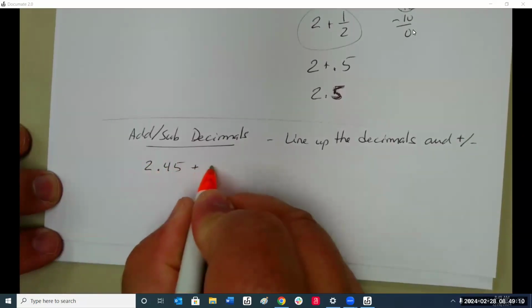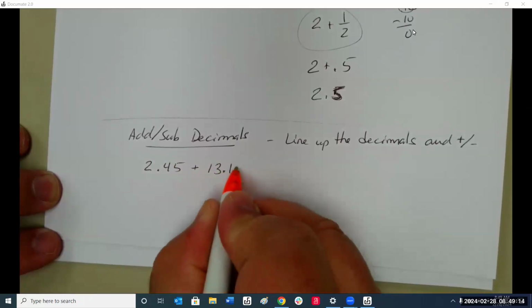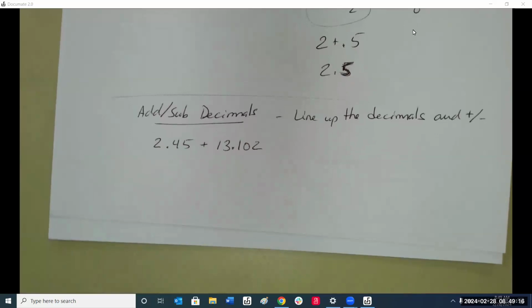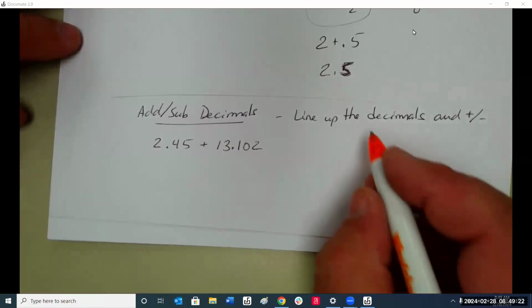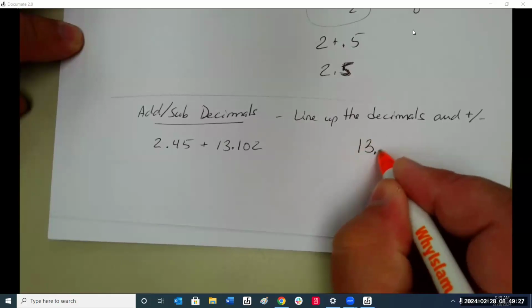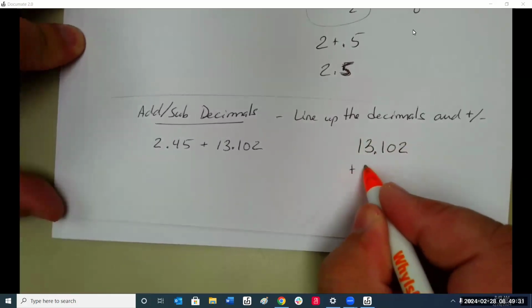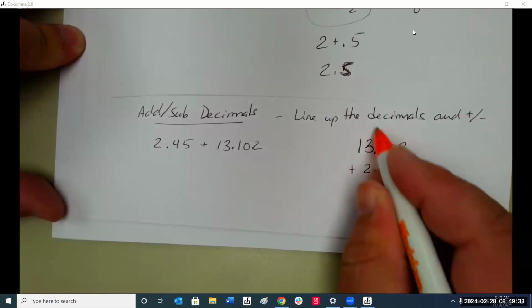So 2.45 plus 13.102. If you look at it this way, it really means nothing. So since it's addition, put the bigger number on top plus the small, line up the decimals.